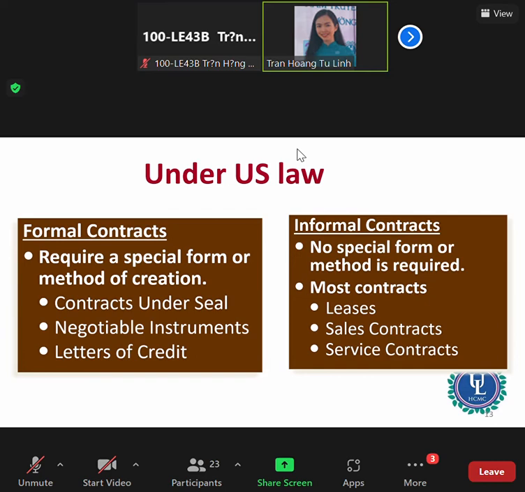they point out that certain documents are considered formal contracts, and one example, as you can see on the slide, is the negotiable instrument, right? What are negotiable instruments? Anyone? Does anyone know? What does it mean in Vietnamese, if you may know? Give me some examples of negotiable instruments.